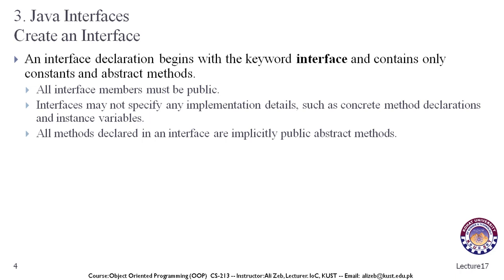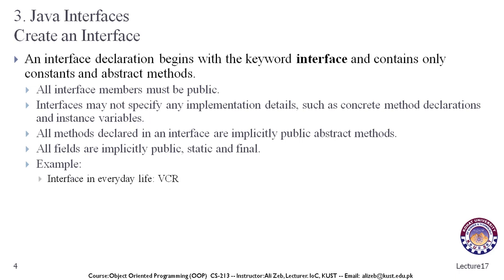So these are the points that we need to remember, that we cannot implement methods in our interfaces. We only need to declare those methods, and those methods will by default be public abstract methods. All fields are implicitly public, static, and final. These are the points that we need to remember about the interfaces.